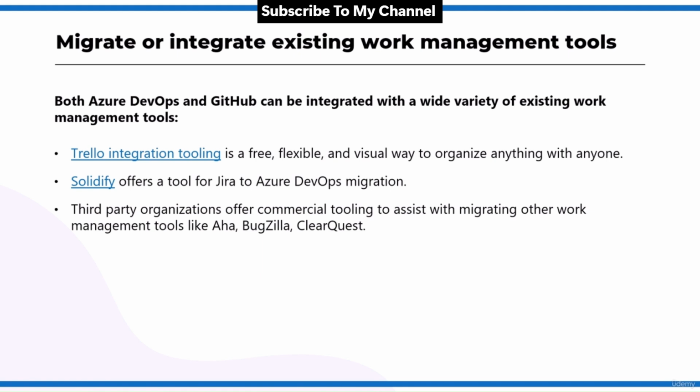And not only that, we have so many other third-party organization-specific tools available on a commercial basis to assist with migrating other work management tools like AHA, Bugzilla, and ClearQuest. There are so many work management tools available. Which one you're going to use for your project is something which you and your team are going to discuss and decide, and according to that you have to use it.